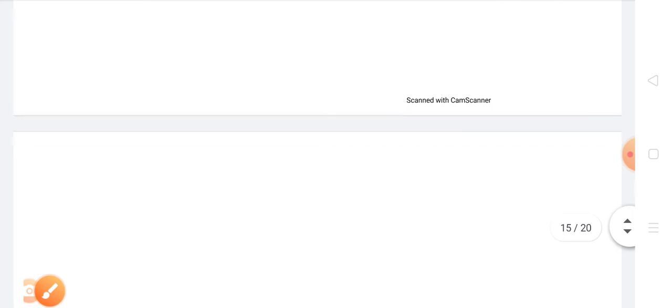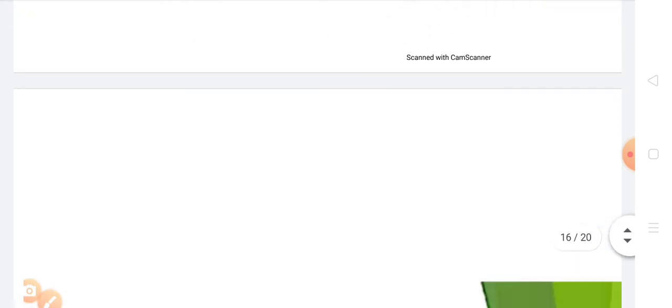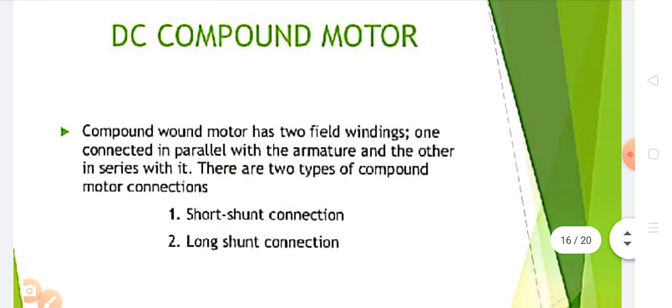The expression for the DC series motor is EB = VL - IA RA - ISC RSC. Compared to the previous one, we have one more extra drop, that is ISC into RSC. In the series motor, IA = IL = ISC. The supply voltage is VL = EB + IA RA + ISC RSC.